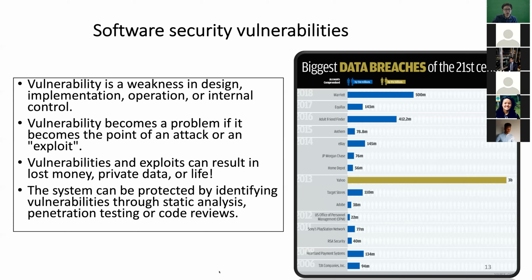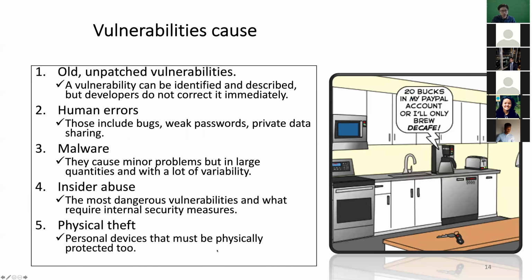So why are there vulnerabilities in the source code, or not just code, maybe in your configuration as well? There are different reasons or causes. The first one is old unpatched vulnerabilities. One vulnerability can be identified and described, but the developers don't want to correct it immediately.